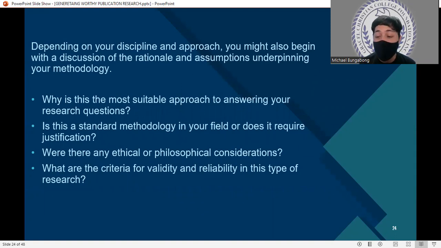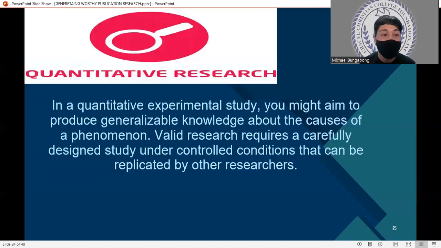Because just like what I said, since you are filling the gap, or you are making a bridge in order to connect the previous one to your own study, somehow you will see there the methods that they use, and now it's time for you to assess or to filter if it's still necessary to do so, or if not, then you have to come up with a different one, so that you will be able to address the concern of that particular study.